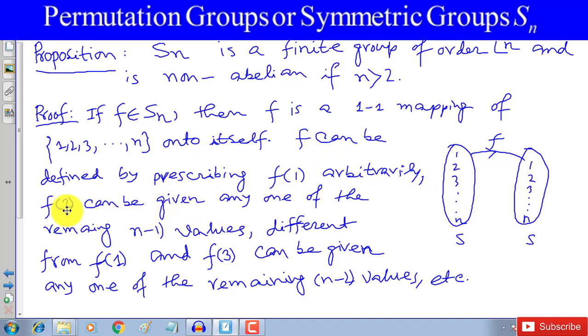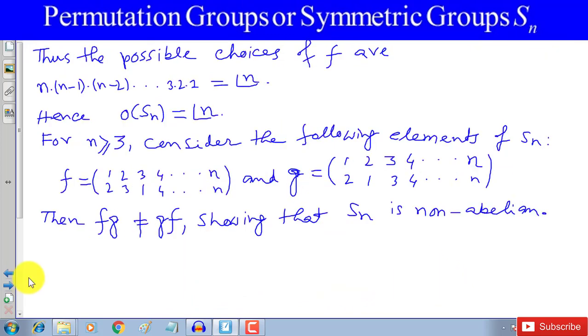Similarly, f(2) can be given any one of the remaining n-1 values different from f(1), and f(3) can be given any one of the remaining n-2 values, etc. Thus, the possible choices of f are n × (n-1) × (n-2) × ... × 3 × 2 × 1, which is equal to n factorial. Therefore, the order of Sn is n factorial.